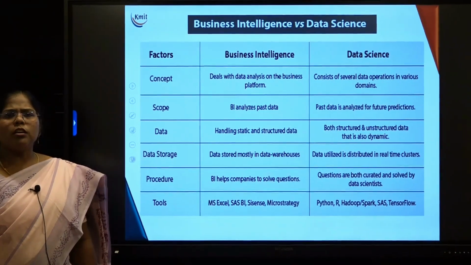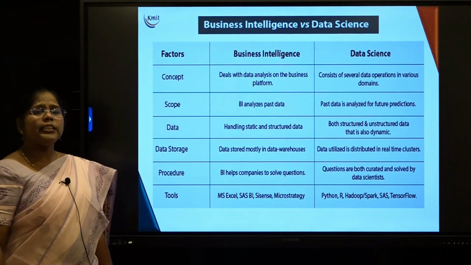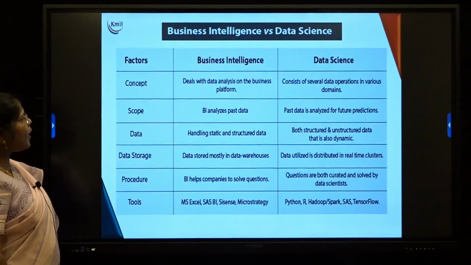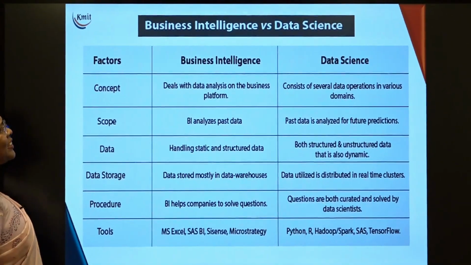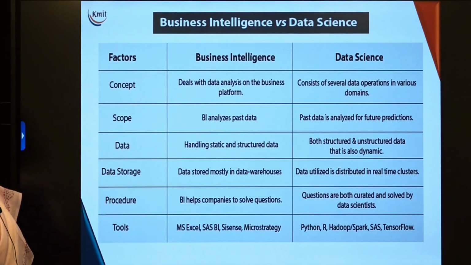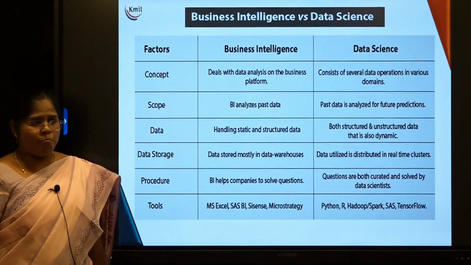Next, coming to the third topic for the day, business intelligence versus data science. In this comparison, we see business intelligence. The concept of business intelligence deals with data analysis on the business platform.